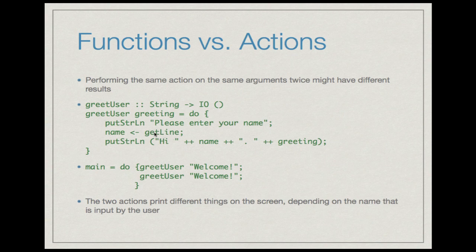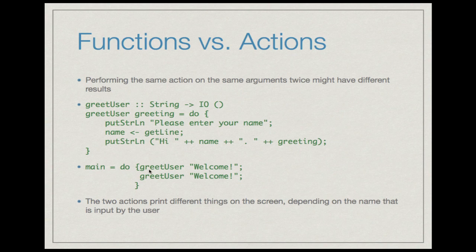The return value of getLine is bound to name. And then we put another string on the screen, putStrLn "Hi," plus plus name, plus plus ".", plus plus greeting. So this greeting is something provided as an input.